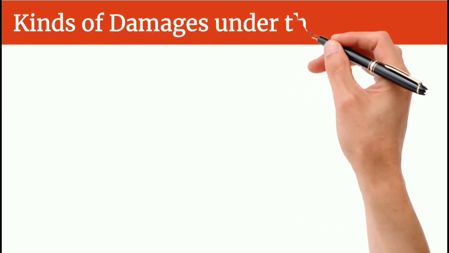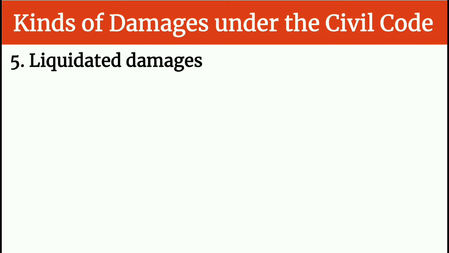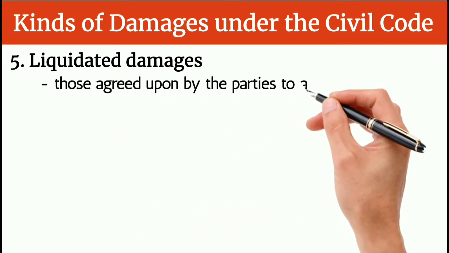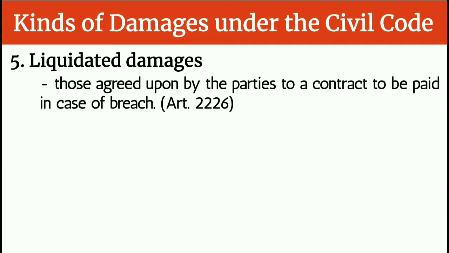The fifth kind of damages is liquidated damages. Liquidated damages are those agreed upon by the parties to a contract to be paid in case of breach. This is Article 2226 of the new Civil Code of the Philippines. Ang liquidated damages ay based on agreement.